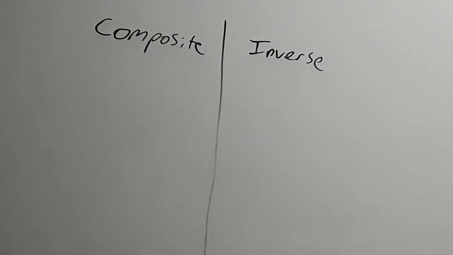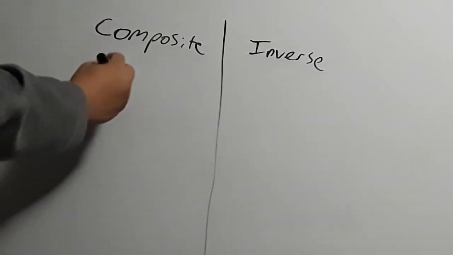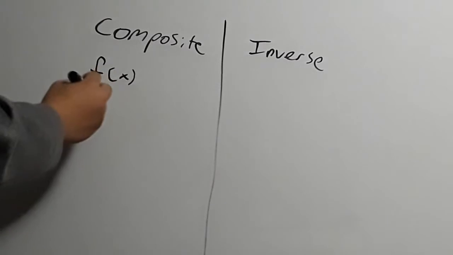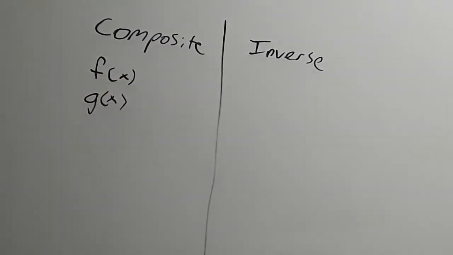So today I wanted to talk about composite functions and inverse functions. A composite function is really simple. It's basically taking another function. Let's say there's some f of x, I won't define it to be anything, and there's some arbitrary g of x.